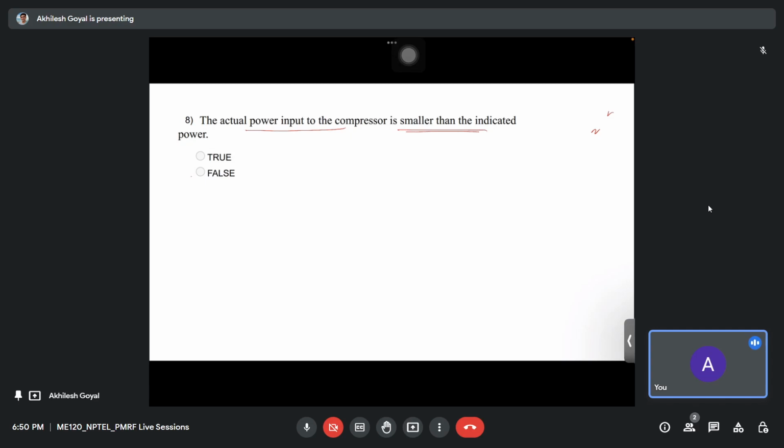So this statement is false. This actual power input is more than the indicated power, but not the smaller one. So again, pretty simple and direct question from the concepts. So let's see the next one.